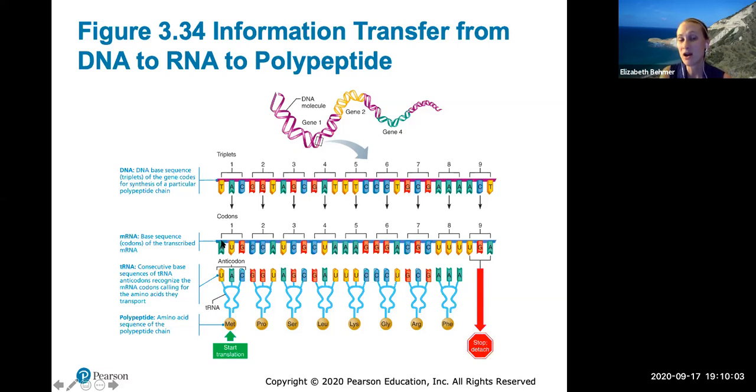But since it's RNA, you'll see a uracil being base paired with an adenine. Normally, if we're just replicating DNA, adenine will always be base paired with thymine, a T, but in RNA, the uracil replaces the thymine. So in all of these messenger RNA, transfer RNA, you don't see any thymines, you only see uracils.